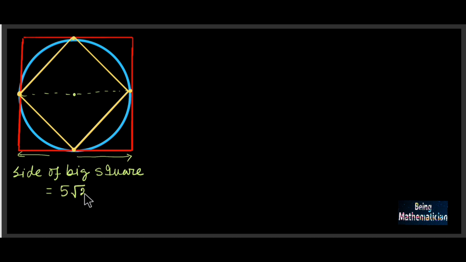Now, the diameter of the circle is equal to the side of the red square, meaning the big square. So the side of the big square is equal to 5 root 2 centimeter.